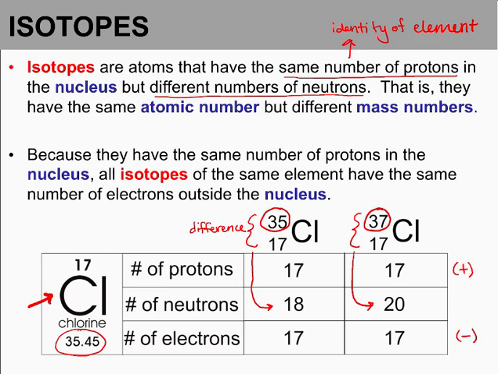So when we're trying to determine how many electrons are present, just look at the number of protons. So all isotopes of the same element will have the same number of electrons. And then remember that neutrons are neutral, so we don't have to worry about that here.